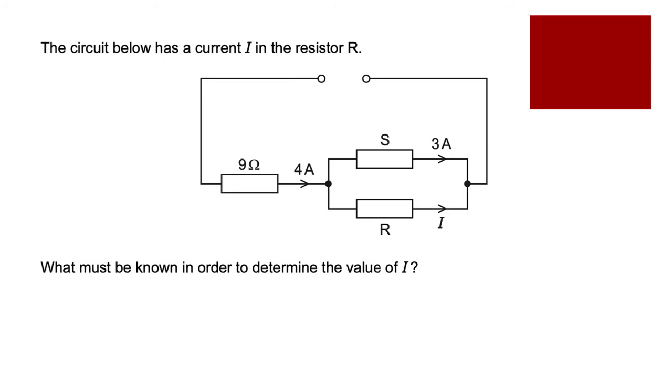So, what must be known in order to determine the value of I? So you might say we need to use Ohm's law. Well, I don't actually think we need to do that complicated. There's something else that we could use to determine the value of this current, and that is Kirchhoff's current law.